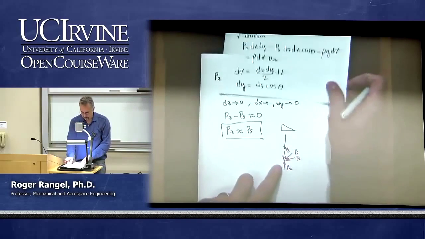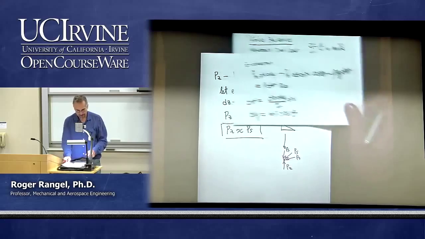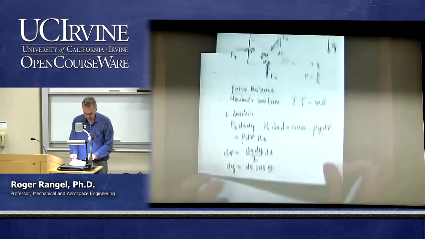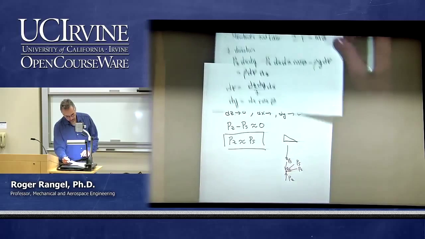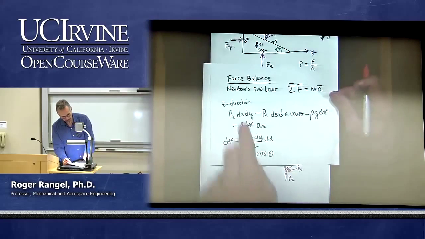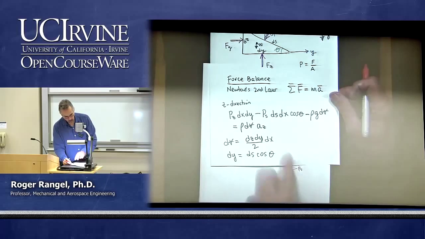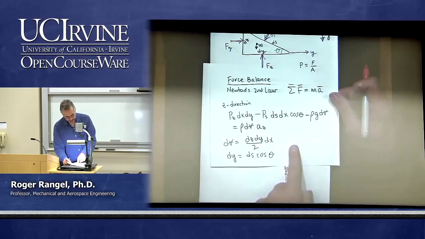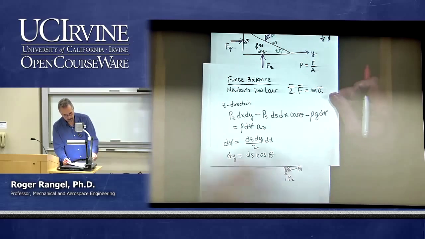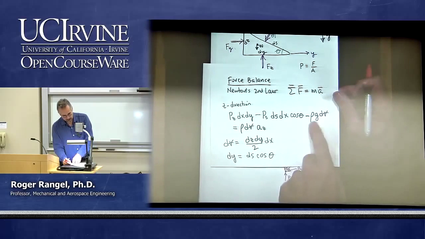And if you think about what happens then in the horizontal direction, if you do the force balance in the horizontal direction, the only thing that will be different is that in the horizontal direction there will be no weight, because the weight was all concentrated in the vertical direction. So if I do the force balance in, say, the y direction, I wouldn't have this term involving the weight of the element.